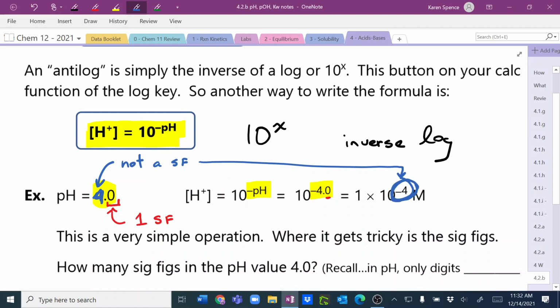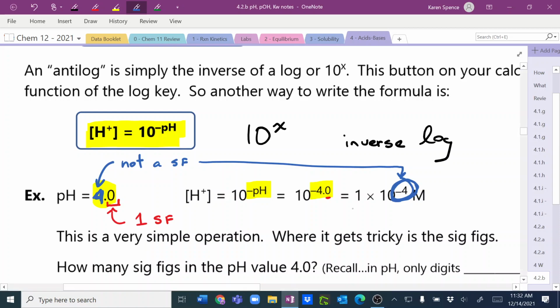What a log does is it takes the exponent and it sticks it in front of the decimal. It takes your exponent, your power of 10, and it sticks it in front of the decimal. So whatever is in front of the decimal is your power of 10, so it does not count towards sig figs. Whatever is after the decimal is all the other stuff, so they are significant.